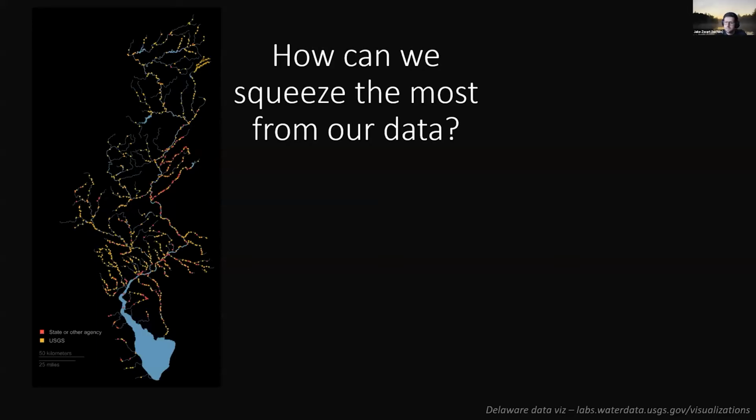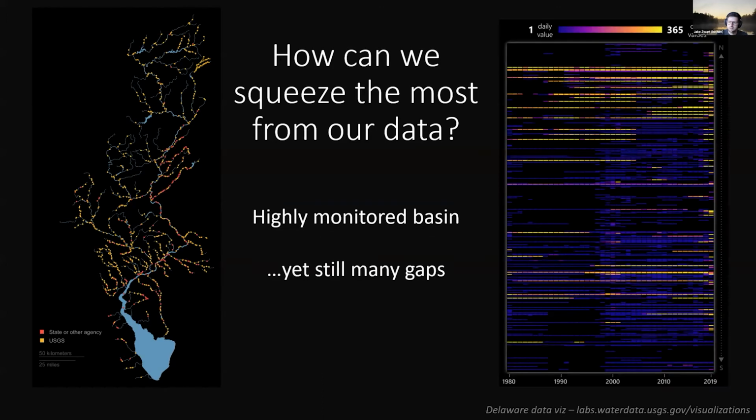So to start off, to make accurate predictions of environmental conditions using deep learning, we need data. And luckily, there are many observations of environmental conditions, namely stream temperature in the Delaware River Basin. But there aren't observations everywhere and all the time. This image on the left shows locations of stream temperature observations per stream segment over the entire period of record that we're interested in, so from 1960s to about present day.